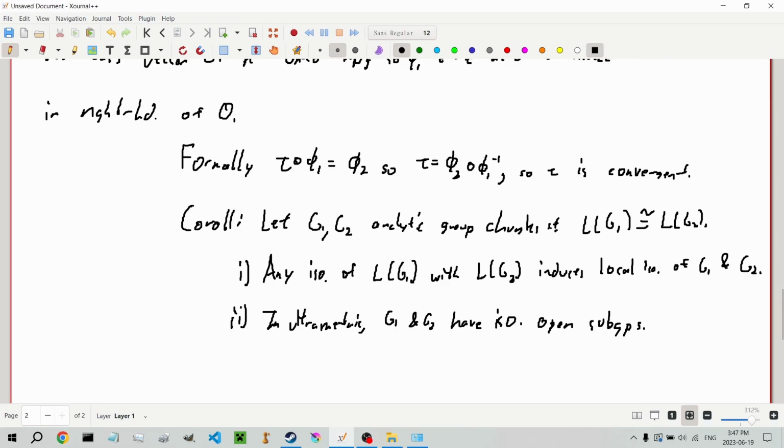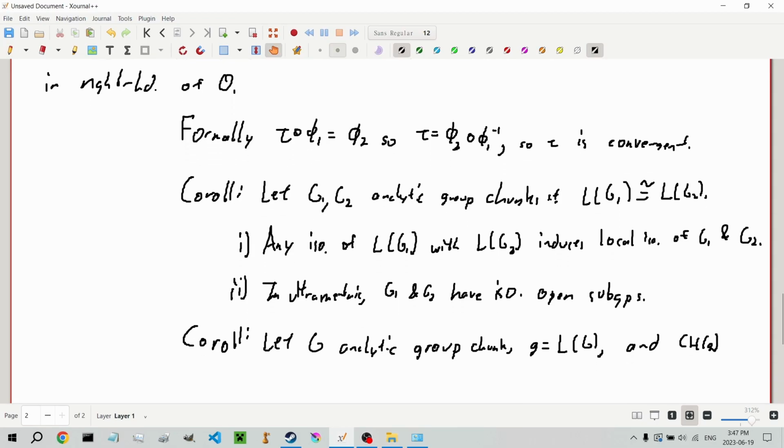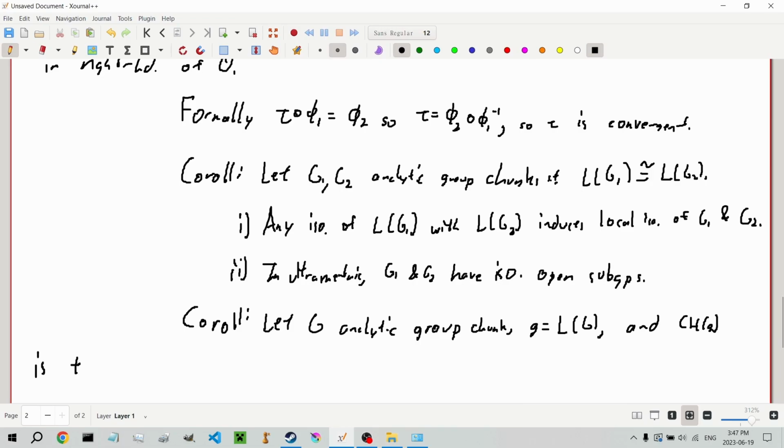We also have a second corollary. Where G is an analytic group chunk, 𝔤 is the algebra of G, and CH of 𝔤 is the Campbell-Hausdorff group chunk associated to 𝔤.